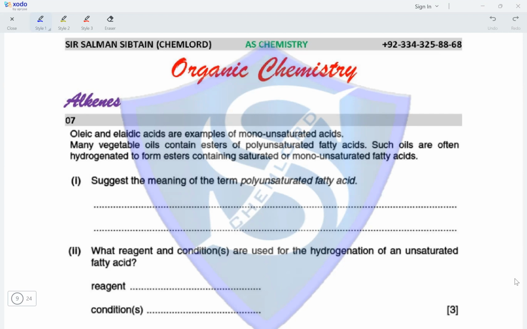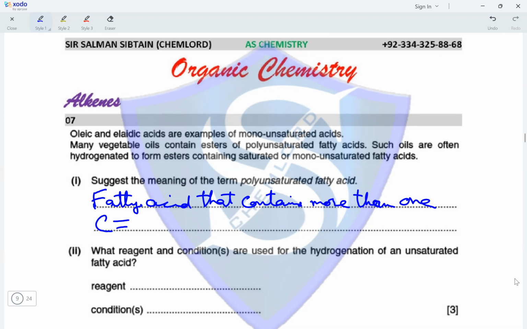So, polyunsaturated fatty acid is a fatty acid that contains more than one carbon-carbon double bond. So that is why it is polyunsaturated.